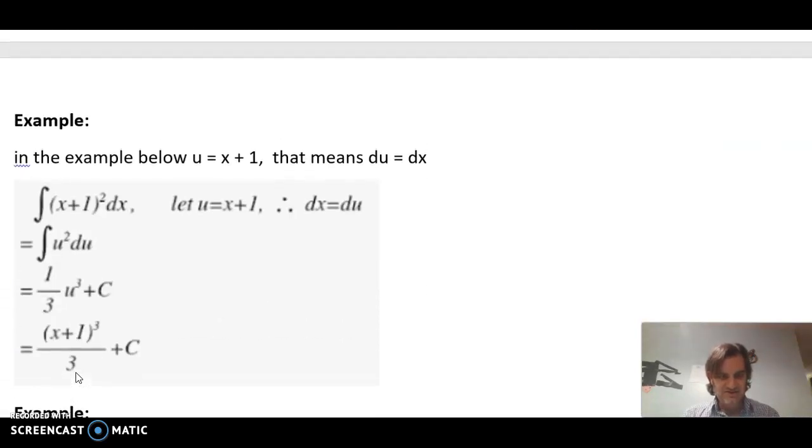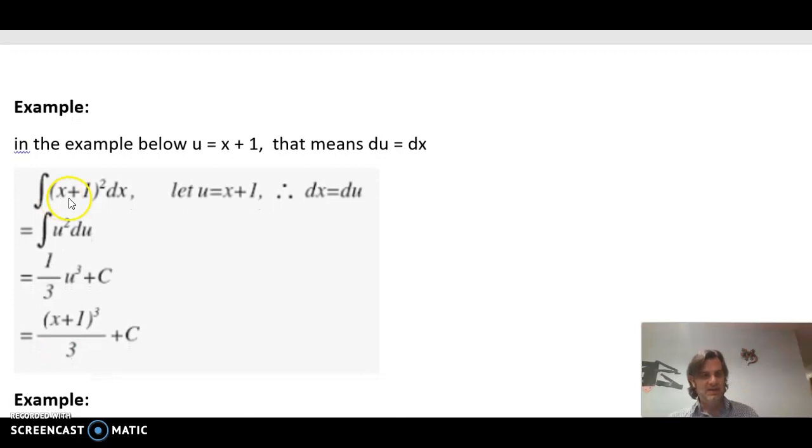So here's my first example that we're going to go through. We're going to integrate the quantity x plus 1 squared. So one thing we could do here is we could fold that out. We could say x plus 1 times x plus 1, and that would give us a polynomial, and we could integrate the three parts separately. But what the u-substitution does is it lets us take the part that's a little bit more complicated.